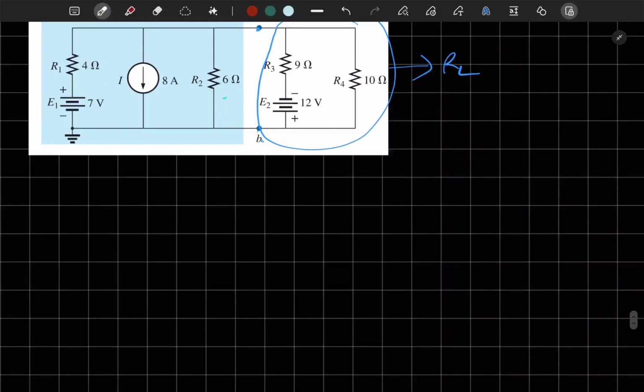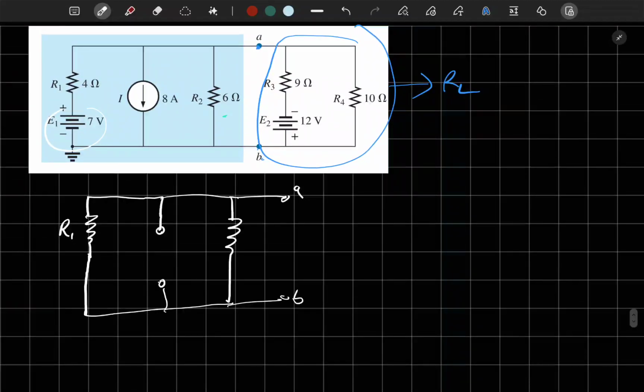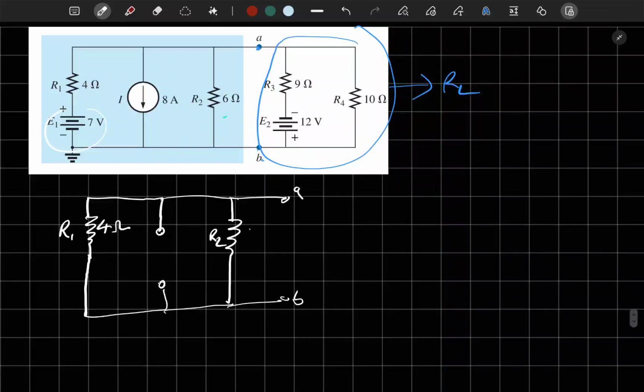So again, step 1, remove all the sources. We have a resistor here, and this will be short-circuited. And then we go down. The current source will be open circuited. And we have another resistor here. And then just the load terminals. We can write A, B. So R1 here is 4 ohms, and R2 is 6 ohms.